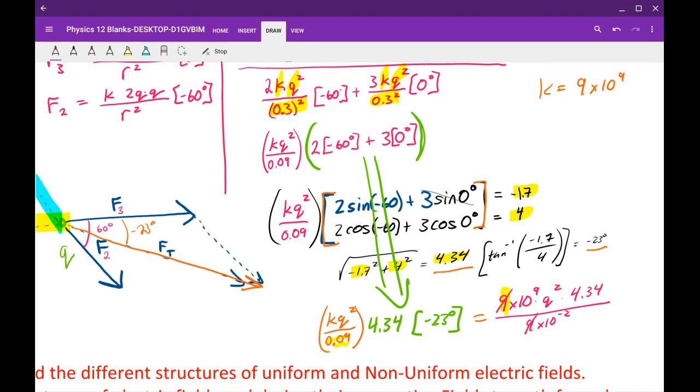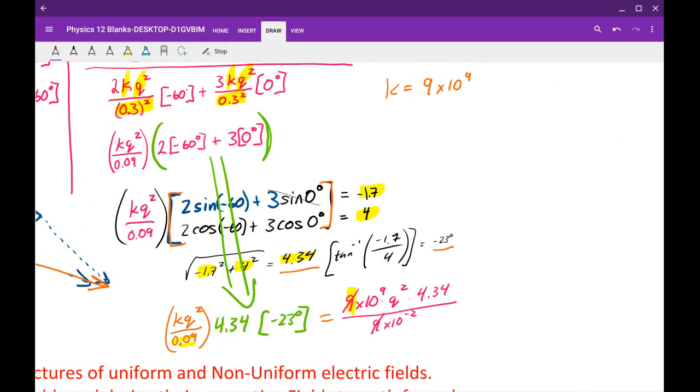I've got my 10 to the negative 2 here, which moves up to the top and becomes 10 to the positive 2, giving me 10 to the 11.